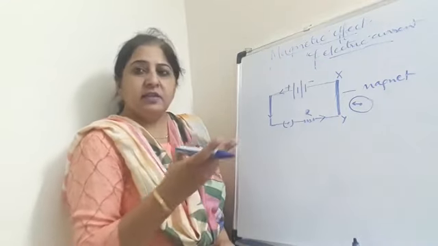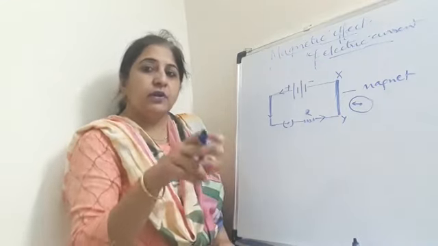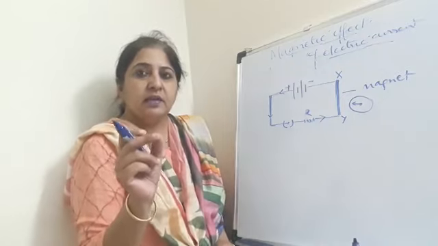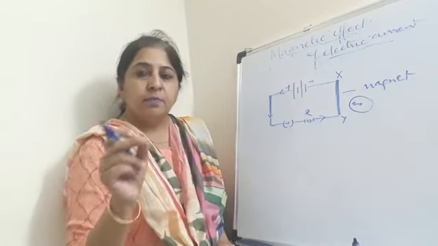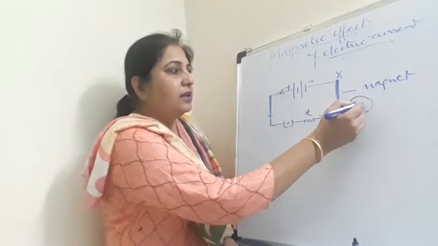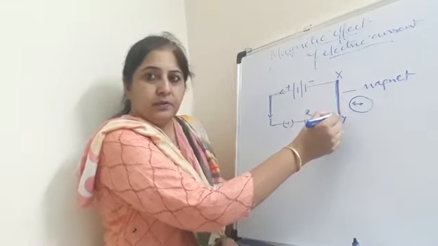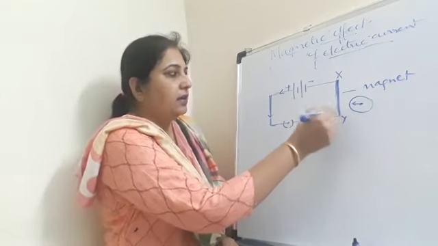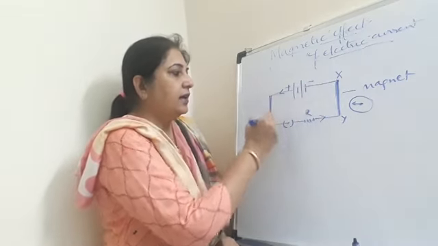Now, why is there a deflection in the needle? In the previous video, I explained that if a compass needle is brought near a magnet, it gets deflected.